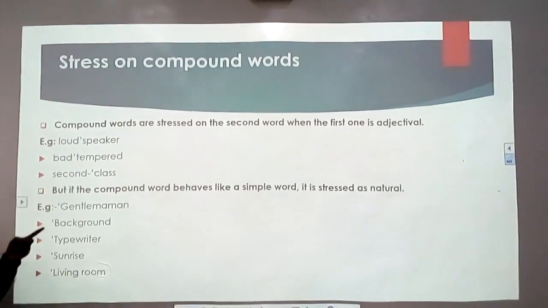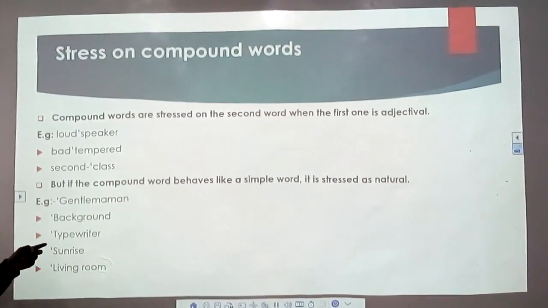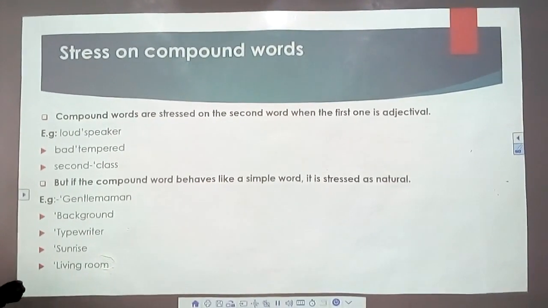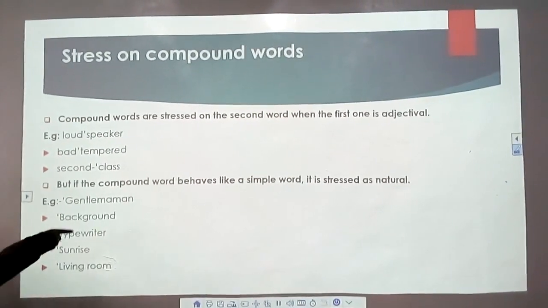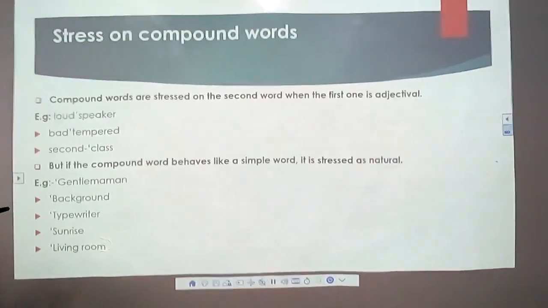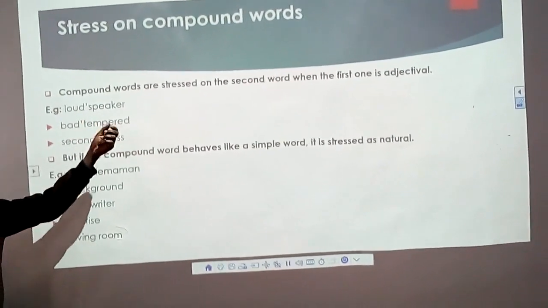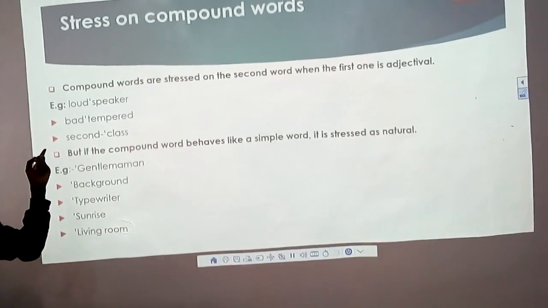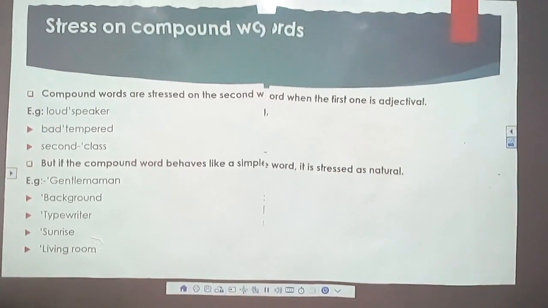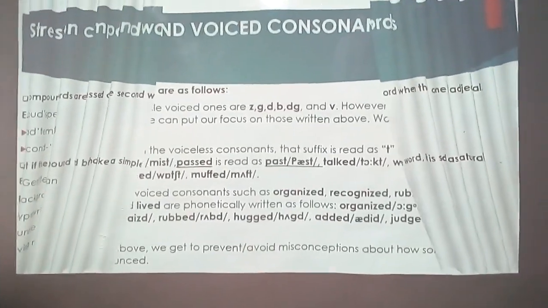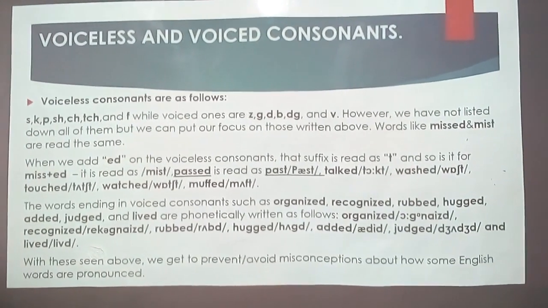For example, gentleman, background, typewriter, sunrise, living room. They are stressed like this because they behave like a simple word. But this one behaves adjectively. It is an adjective. There's no need to belabor the point because I know very much that you understand.